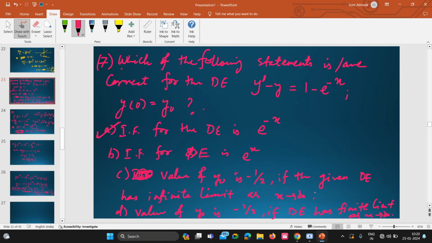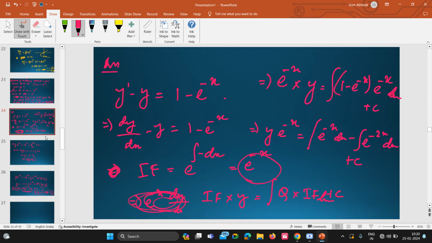If the given differential equation has a finite limit as x tends to infinity, what happened?